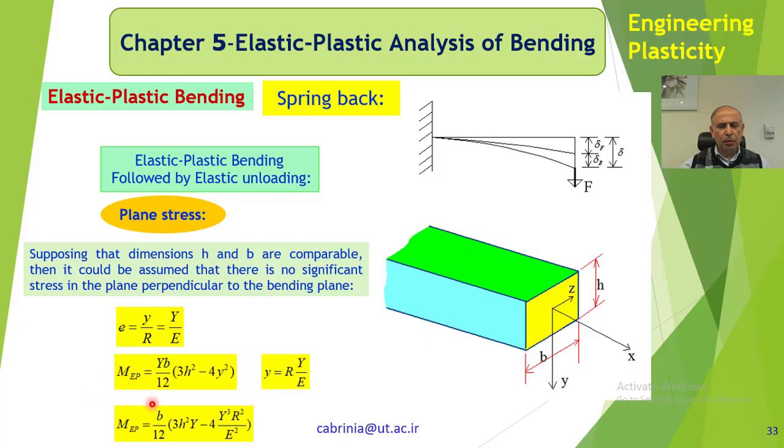Now, MEP, that expression we obtained before. MEP is equal to YB over 12, times 3H squared minus 4Y squared. Here again, we have a rectangular section, and we obtained this for the rectangular section. If the section is changed, for instance circular or anything else, then this will be different. Now we substitute from this equality Y equals R times Y over E, so that Y is omitted, and we have MEP equal to that.